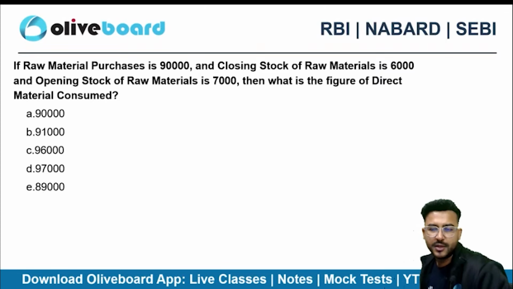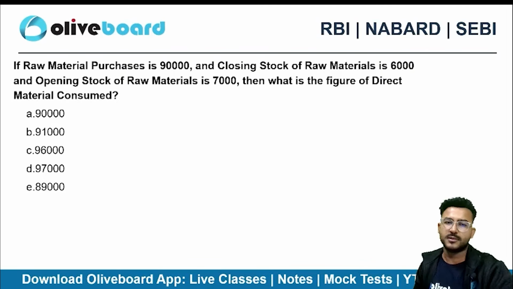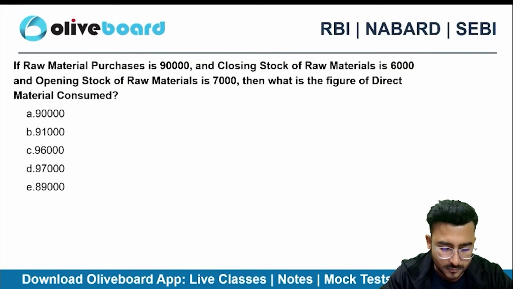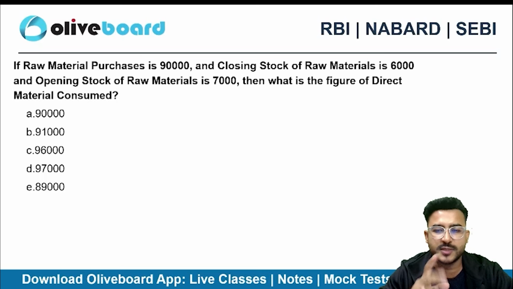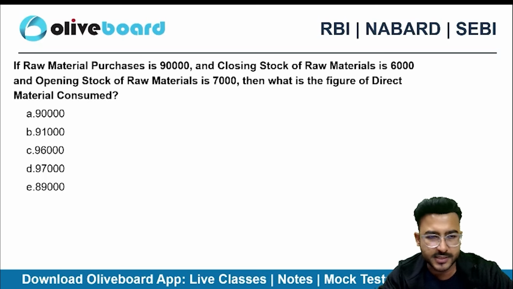Next one, you need to calculate the direct material consumed. A very simple question, a very direct question. What mistake a student can make is that they might make some mistake in the mathematical operation of opening stock and closing stock. But it's a very direct question.